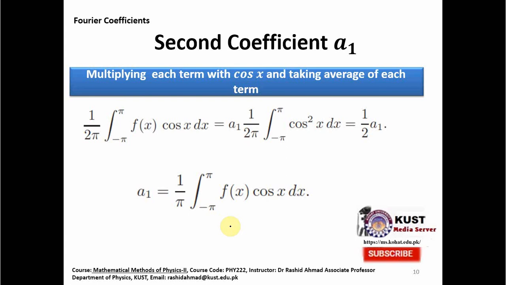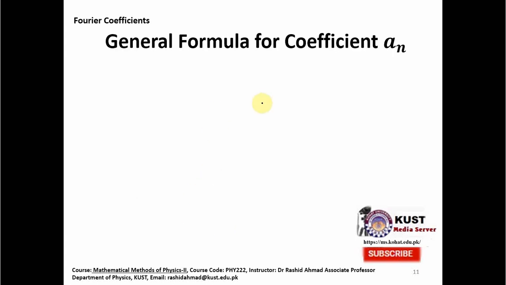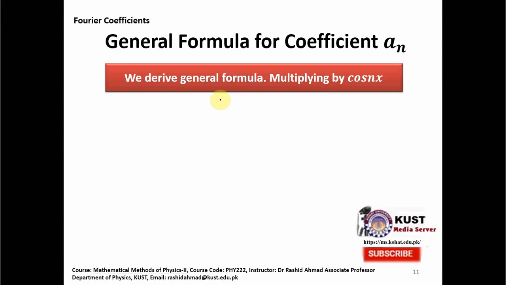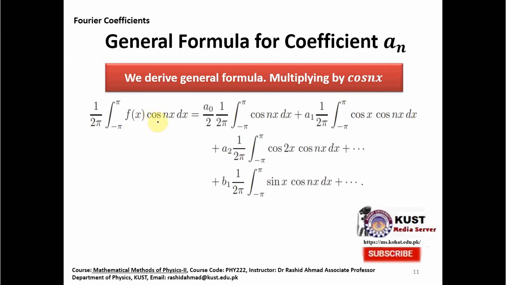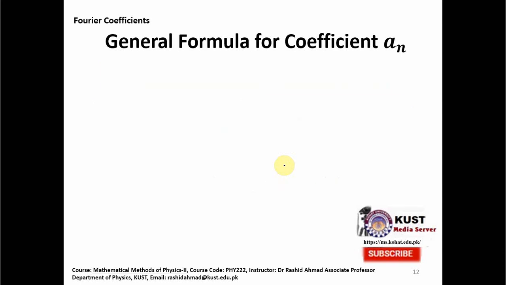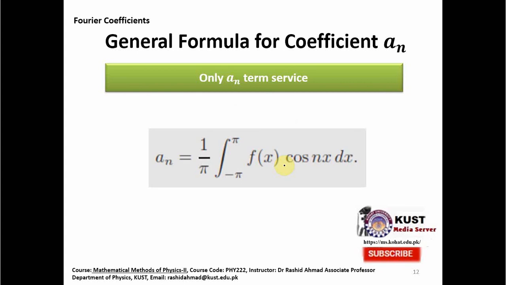And similarly for the general formula for the coefficient an, we will do this procedure again and multiply the whole series by cos nx, and as you can see over here, only this nth term will survive and all other terms will be equal to 0 when we take their average values, and the formula for this an term will be equal to 1 over pi, integral of f(x) cos n x dx. So this is the general formula, and you can have all these terms from here.